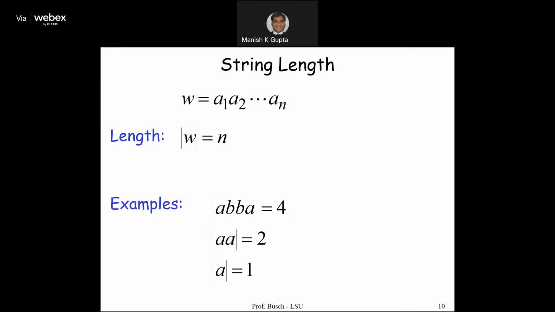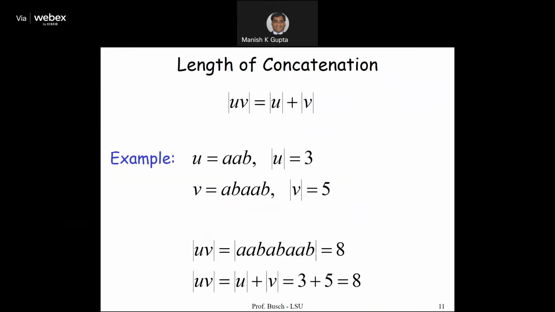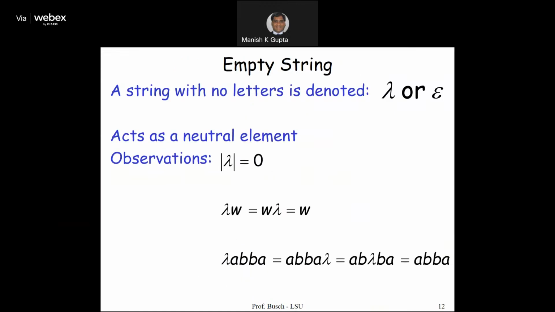Now the time has come where we can confuse you a little bit. Soon I will show you something beautiful. The length of the concatenation is the sum of the lengths of the corresponding strings. This is also straightforward. Empty string, this is a beautiful concept. A string with no letters is denoted by lambda or epsilon.